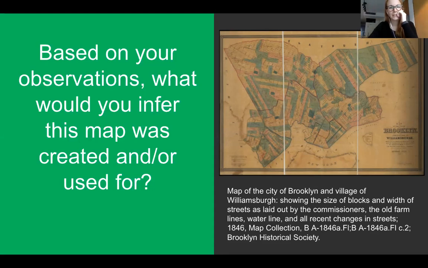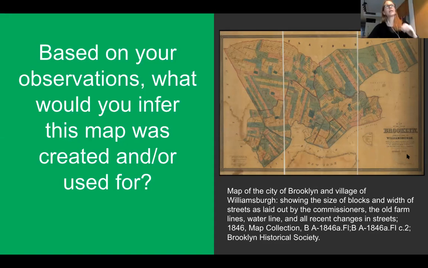Remember, this title says it's a map of the city of Brooklyn and the village of Williamsburg, showing the size of blocks, the width of streets, the old farm lines, the water line, and all recent changes in streets. And we have some ideas. Maybe it's used for town planning. Tori says maybe it's a cadastral map, so a map showing property. And Latanya echoes that: property borders, development or planning, creating main roads. All right, we've got some good ideas here.